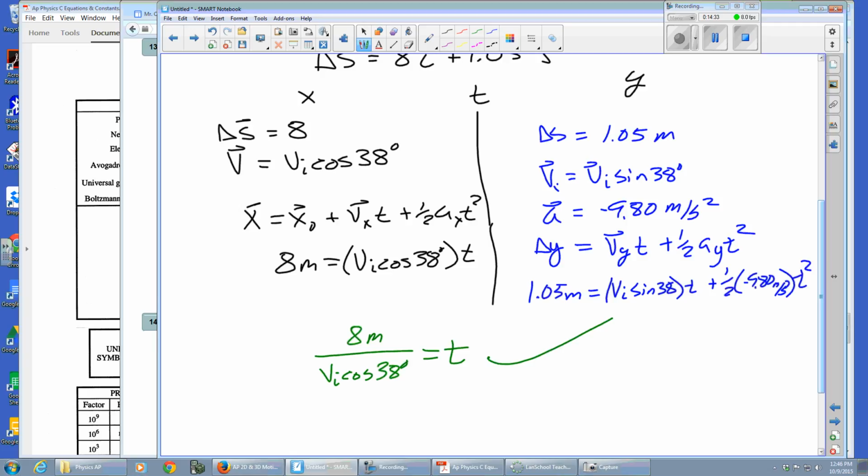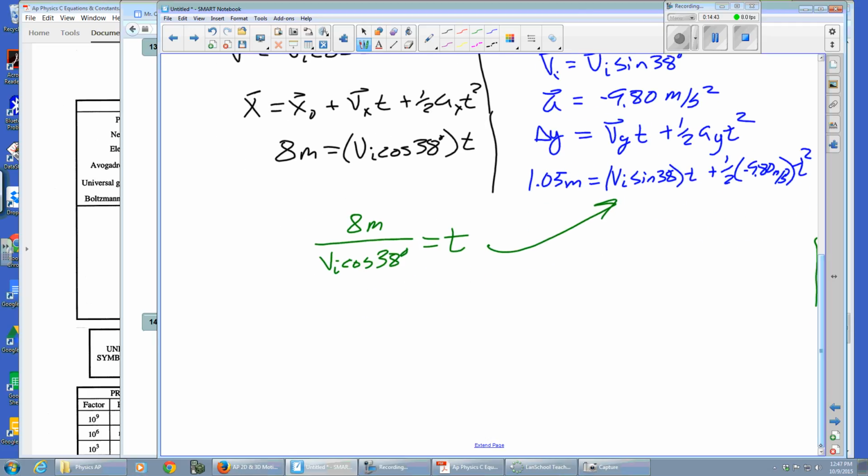And then I'll bring that and substitute it in over here. And that's where my calculator is my friend to be able to solve what ends up being a little bit nasty looking, because you end up with 1.05 meters equals vi sine 38 multiplied by the 8 meters over vi cosine 38 degrees, because I'm substituting in for that t, right?